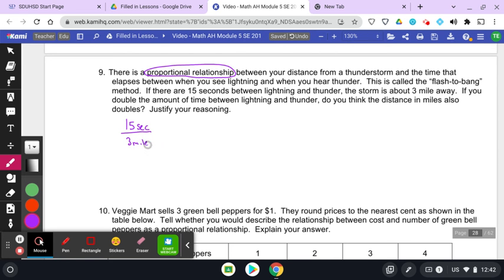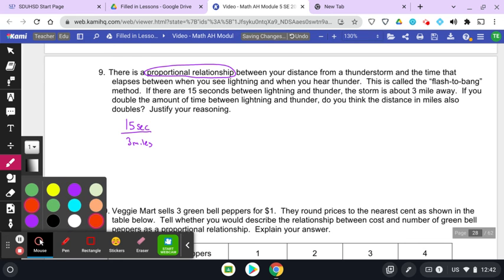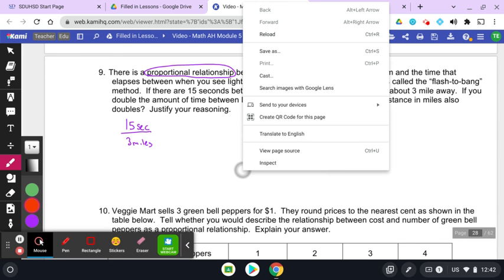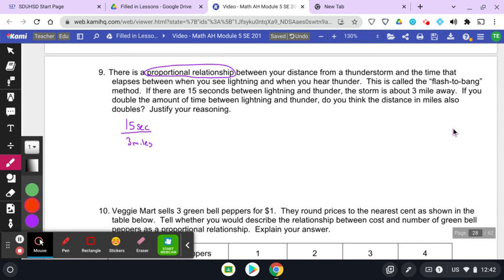Well, if it's proportional, if I multiply part of the ratio by 2, then I have to multiply the other part of the ratio also by 2. So if there's a 30-second lapse, it means it is 6 miles away. If there was a 0-second lapse, that means that you just got hit by lightning.